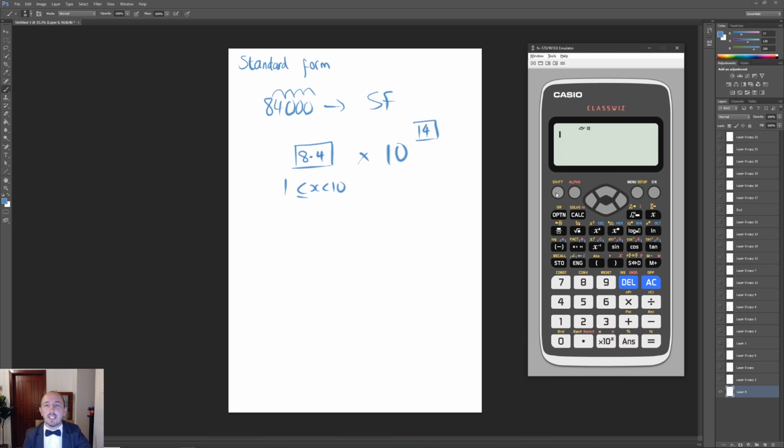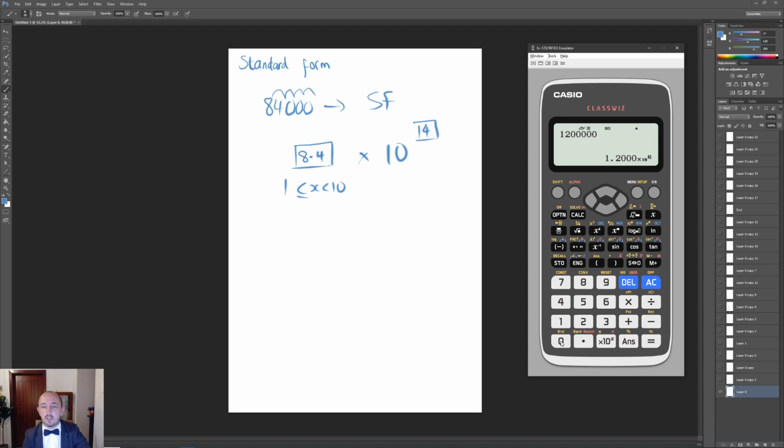And remember, the calculator can do this for us if we go to Shift, Setup, Number Format, and Scientific Mode number 2, and we can just put a number 5 in here for the number of digits that we want. So 84,000 will be 8.4 times 10 to the 4. If we have 1,200,000, that's 1.2 times 10 to the power of 6.